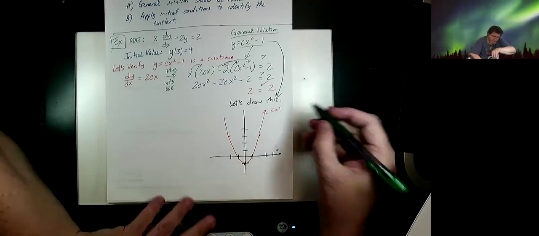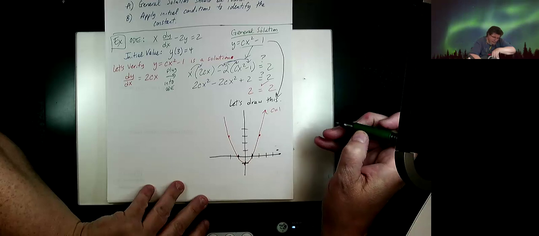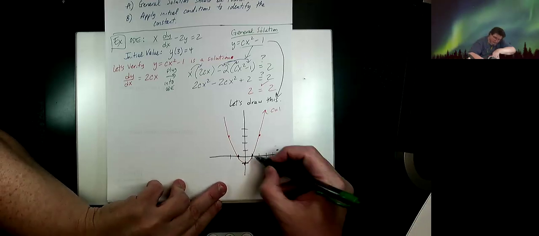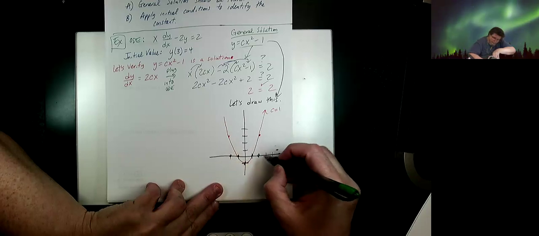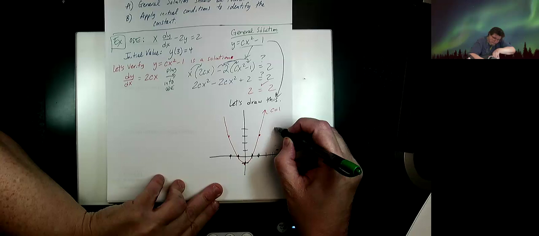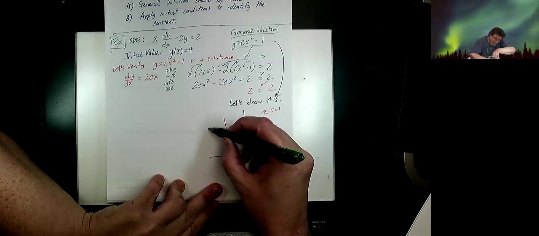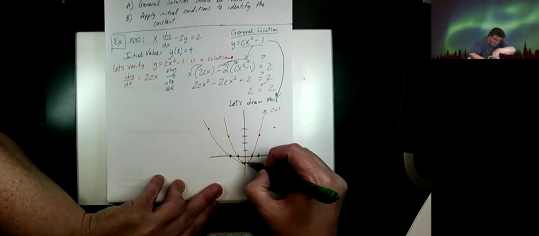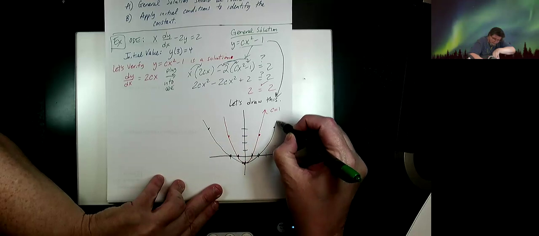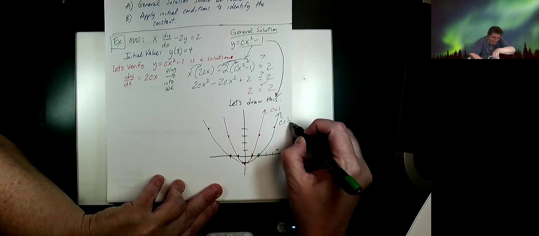Let's see, if I do C equals 1/2, what happens? If I go out 2 like this, and then 4, this is like C equals 1/2.